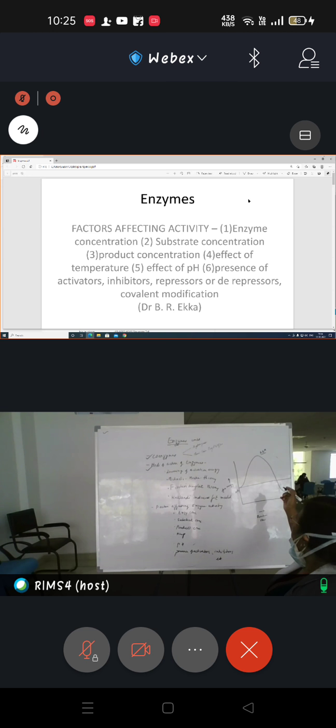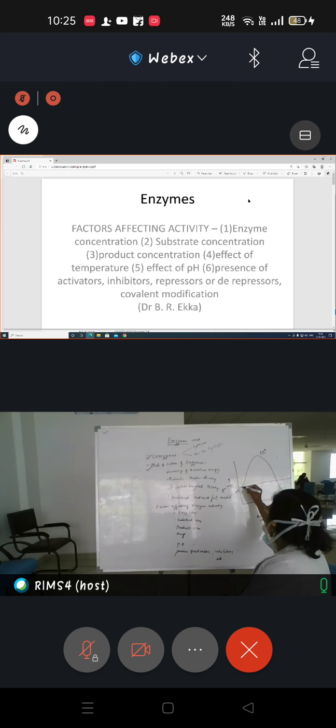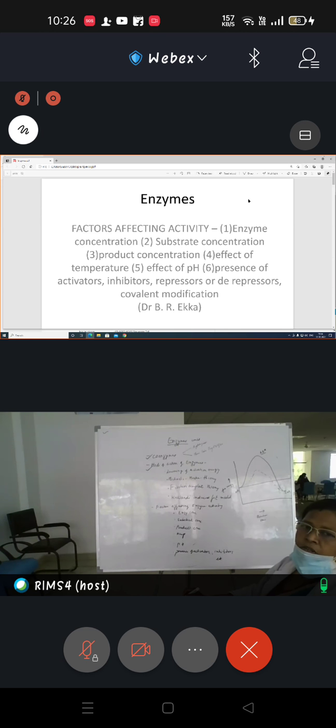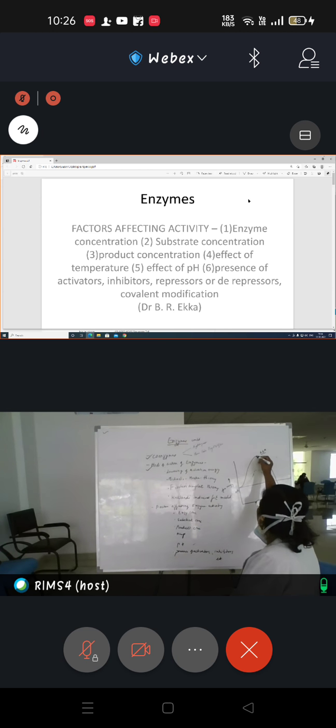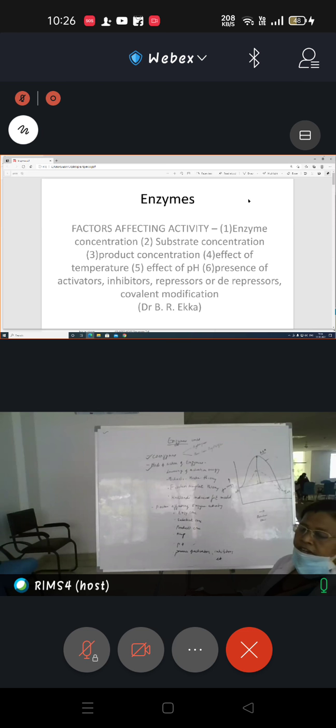Now what happens in the enzyme catalyzed reaction is that there is lowering of activation energy. This is the activation energy for the non-enzyme catalyzed reaction.